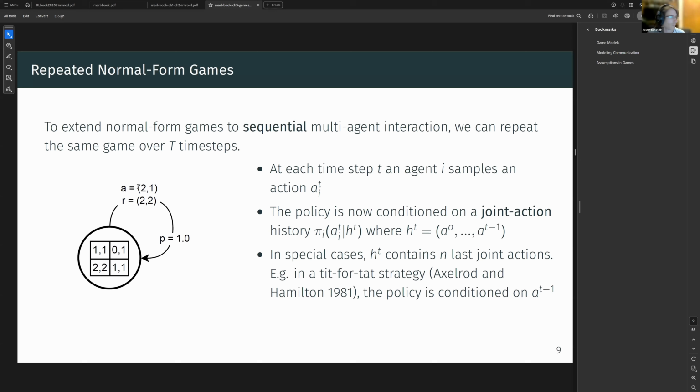Every step of the game, there is this joint action information. And then we're going to allow the policy to still be a particular policy for each agent, but this policy can be an arbitrary function of this history, which could continue to extend, right? This history is going to keep extending into the future for as long as we play the game.